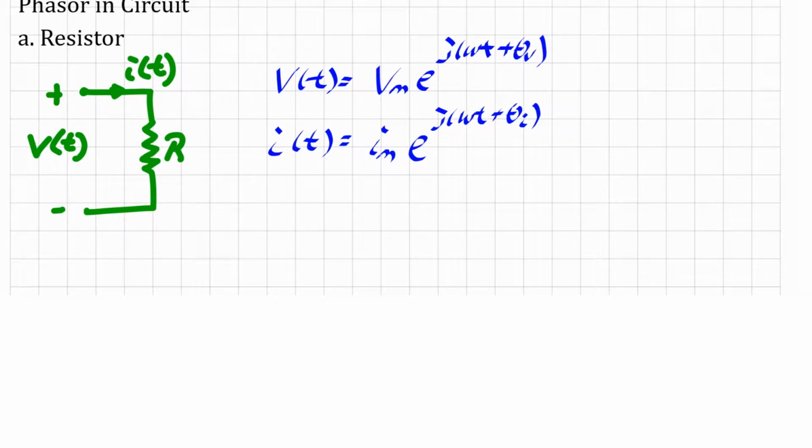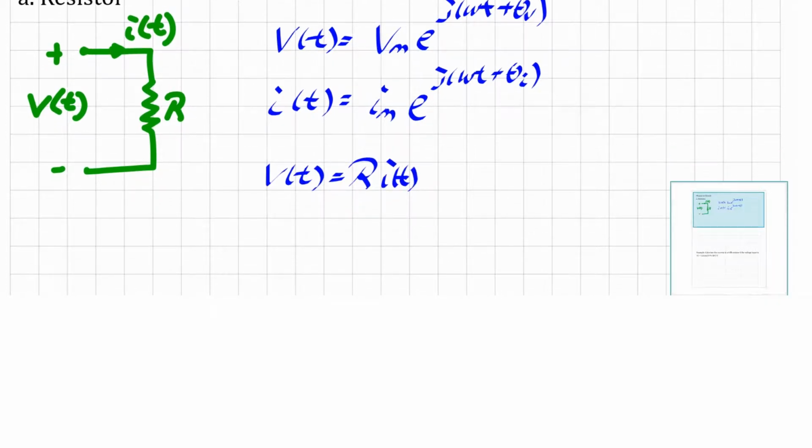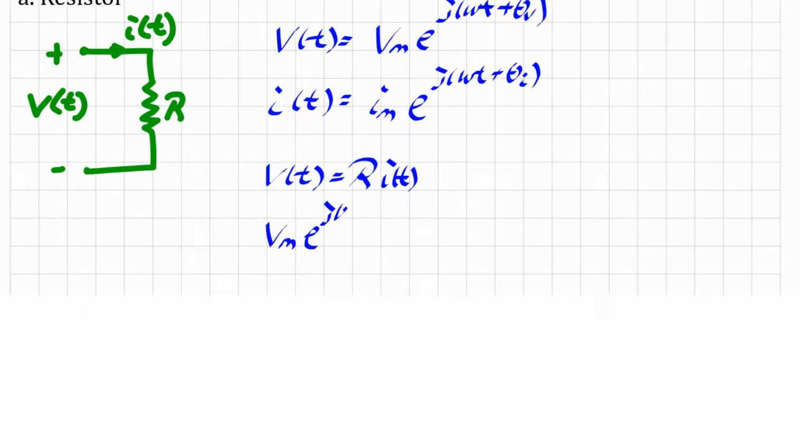all we need to do is apply Ohm's law. So V(t) is equal to I times R. Now you can see, if we use the phasor expression, we have Vm e to the j theta v is equal to R times Im e to the j theta I. Remember, they both carry e to the j omega t, but this is not giving us any useful information, so we just kick it out.